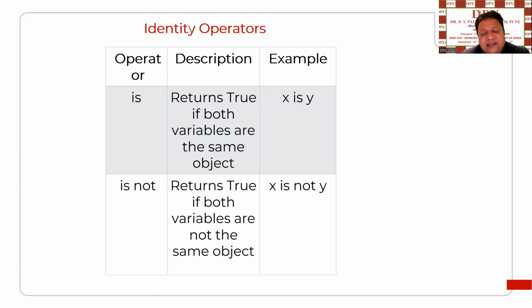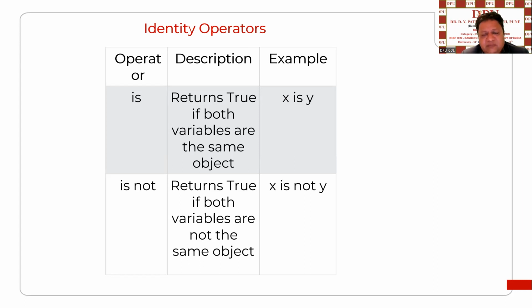Means I have created a duplicate copy of this x. When you create the Xerox copy of a variable, the memory address of these two variables is the same. They are pointing to the same memory location, that is 1001. So for such a case, if I have to check whether two variables are pointing to the same memory location, then I should delete one memory variable.